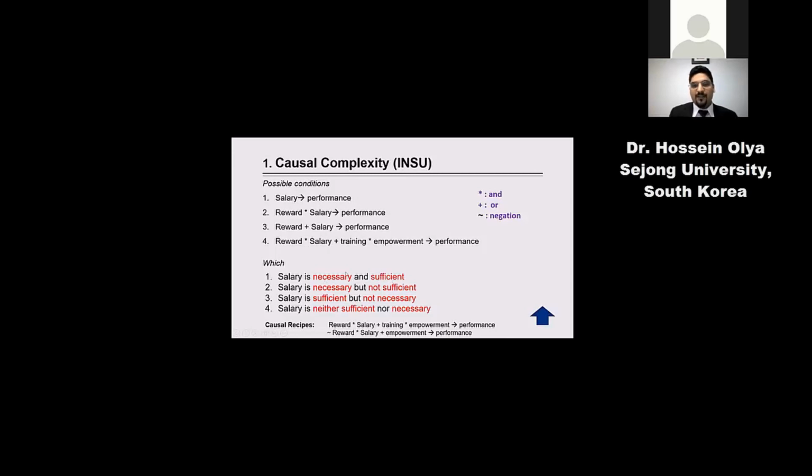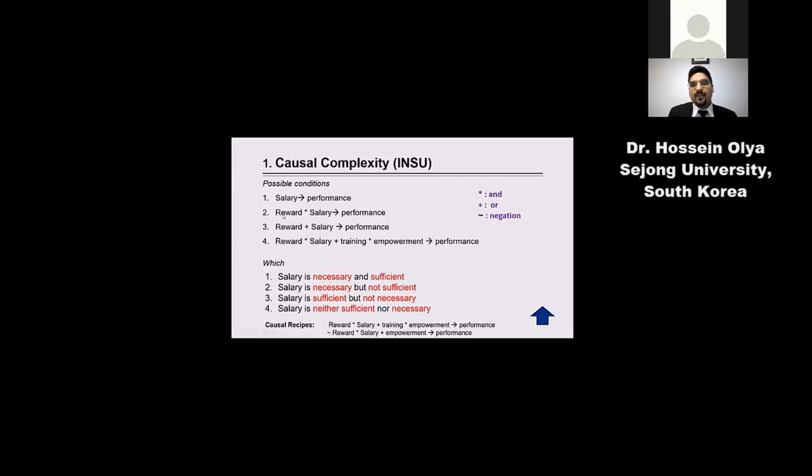What does it mean? It means that if we want to have performance, we must increase the salary, which means necessary. And it's sufficient because just by increasing the salary, we get the performance. There is not any other factor in the model. So in the first model, salary is necessary and sufficient.